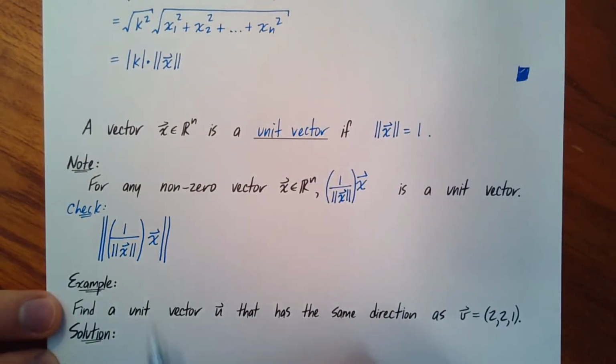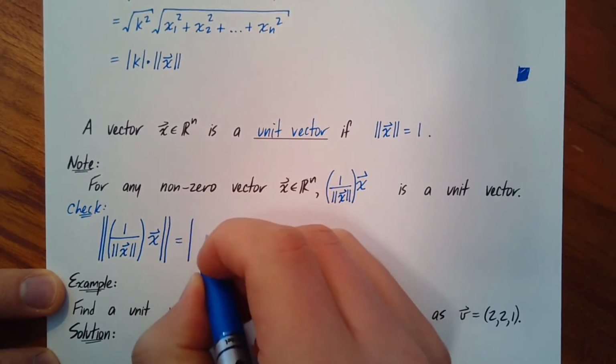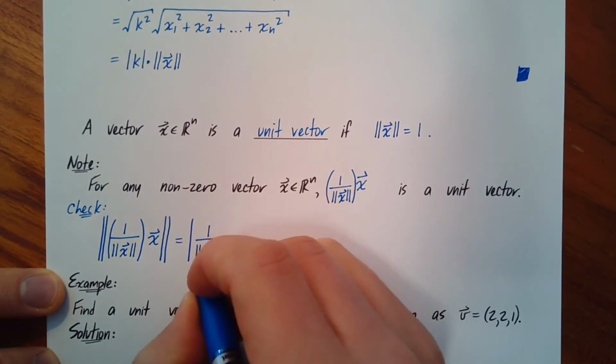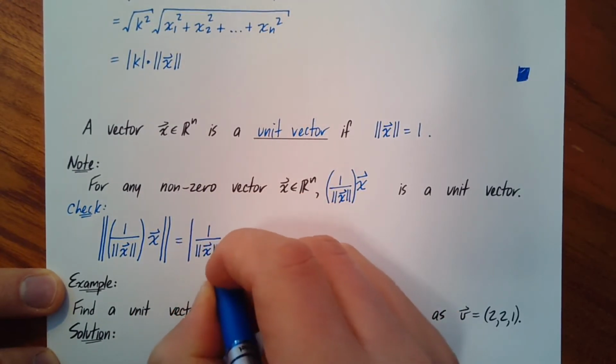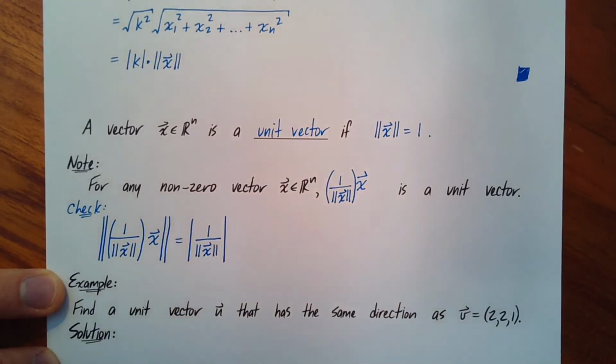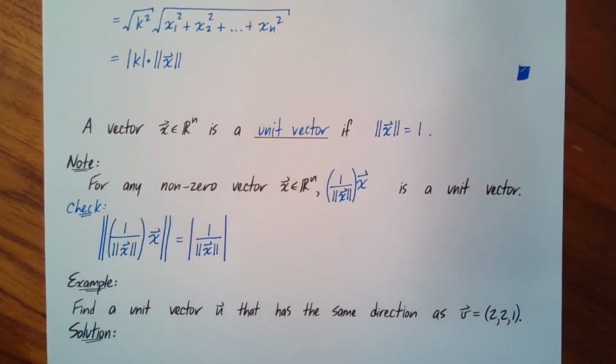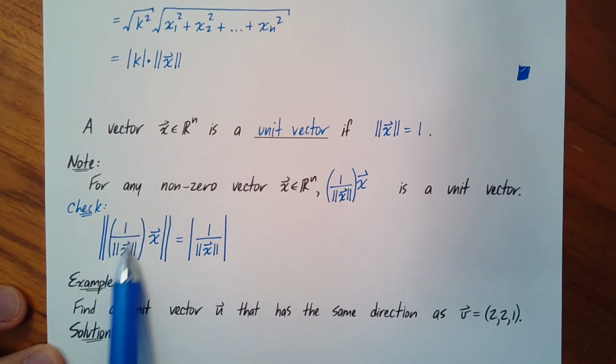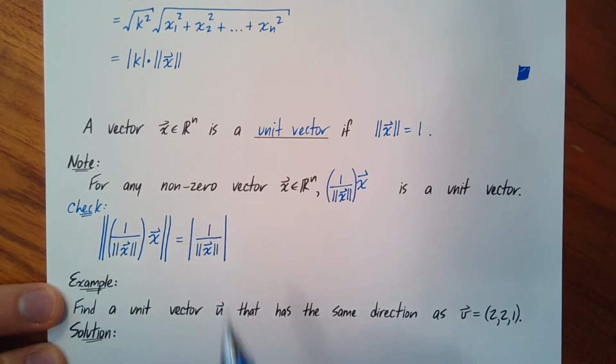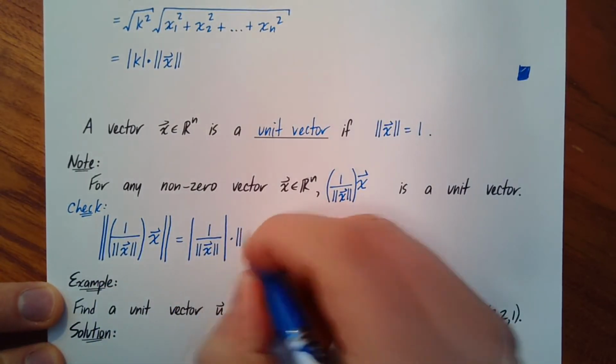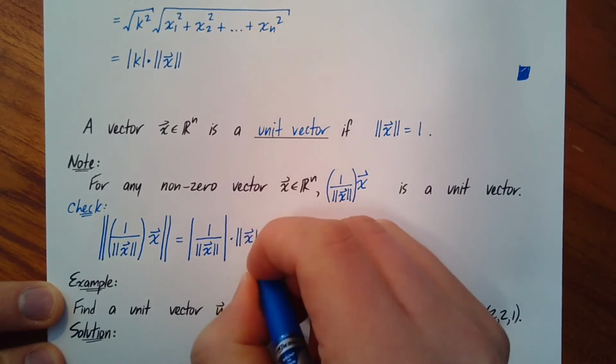Okay, well, let's just follow that honestly here. So we'll have the absolute value of 1 over the norm of the vector x. Basically, just think of this part in brackets, this scalar, as your k. So this is the absolute value of k multiplied by the norm of x.